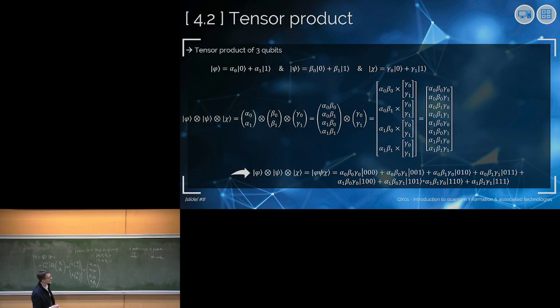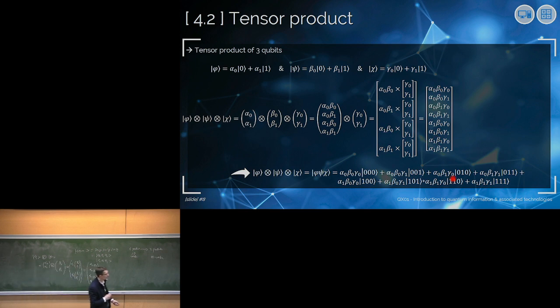So that's for 2. We can do 3 between phi, psi, and chi, where we have alpha 0, alpha 1, beta 0, beta 1, gamma 0, gamma 1. We know how to do the first 2, and for this we do the same thing. We take this one, multiply it by this vector, and then this one, multiplied by this vector, and so on and so forth. So we obtain 4 terms times a 2D vector, which will give us our 8-dimensional vector.